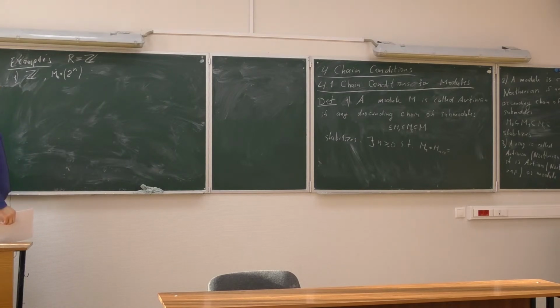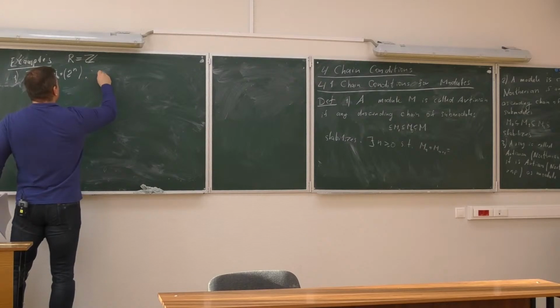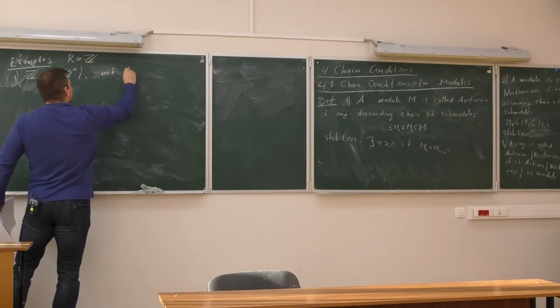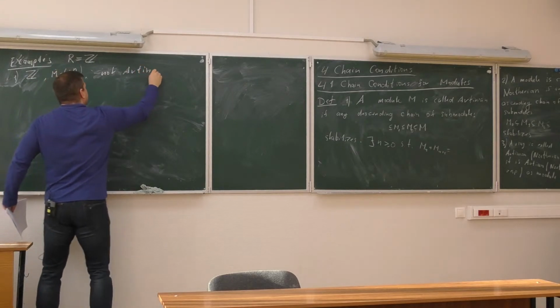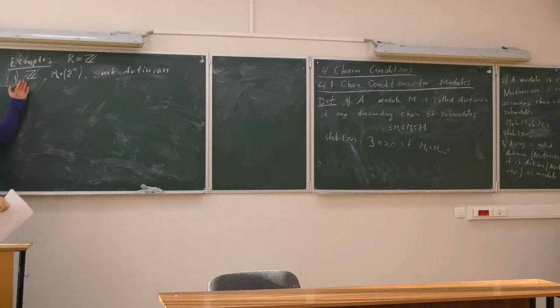So if there is an infinite descending chain, this is not Artinian. Not Artinian, but how about the second property? Is this Noetherian? Yeah. So this is not Artinian, but Noetherian.